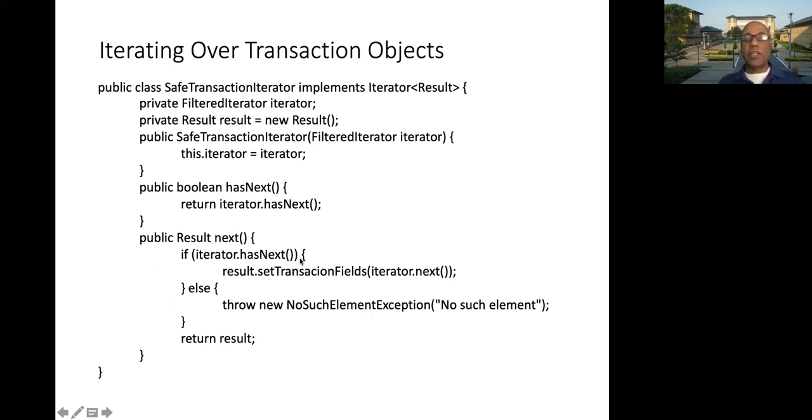So the code here is very much like what we have for the safe book iterator. For every transaction, we set the fields of result that correspond to the transaction. So there is a set transaction fields. We are passing a transaction here, right? Because this filtered iterator would be for transactions. And hasNext is simply going to ask the filtered iterator whether there is anything more to supply.